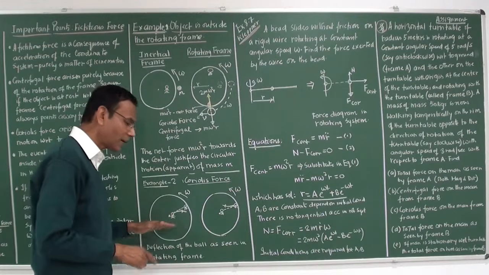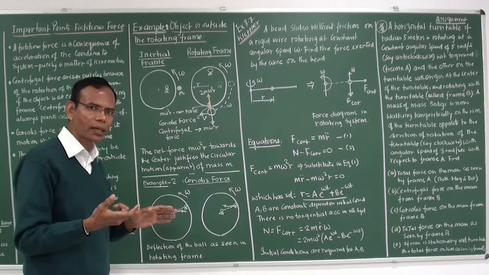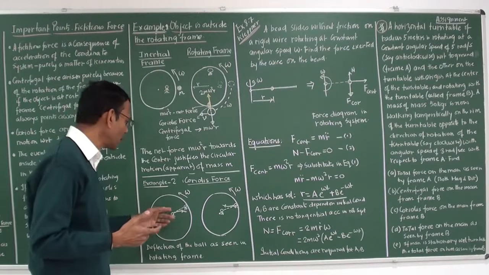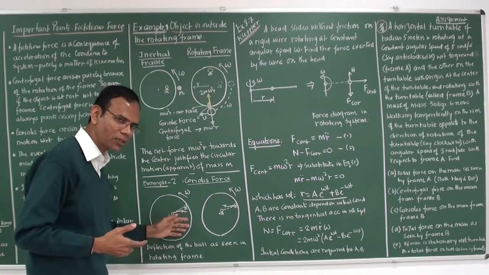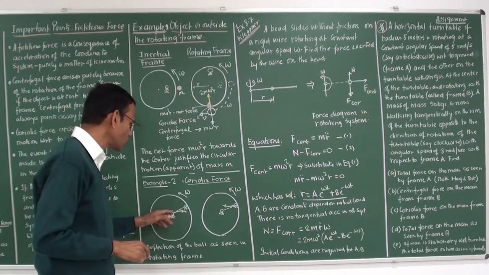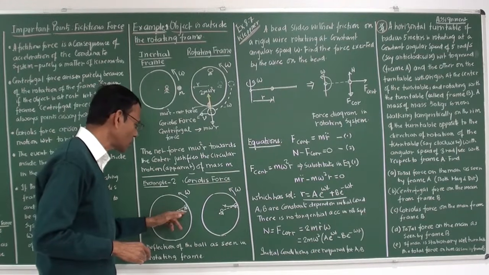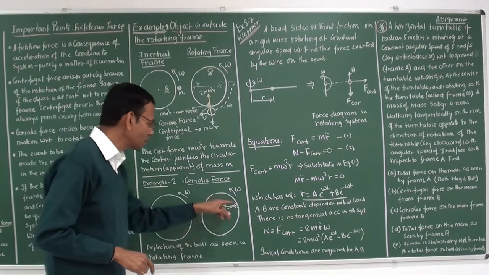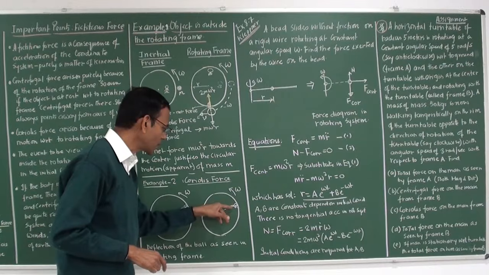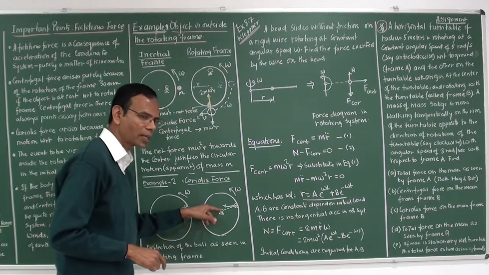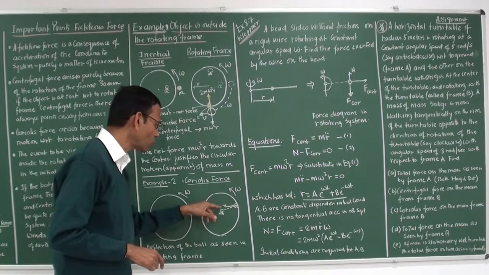Using our Coriolis expression, minus 2m omega cross Vr, one can calculate the exact direction as well as the magnitude. So this is the direction in which this man will see. Here the things will be opposite. While throwing, the tangential velocity of the ball is quite high here, but the other one is less, so he will see the ball in front of him.